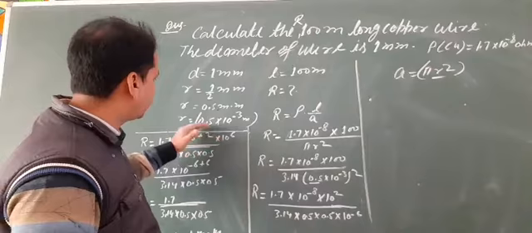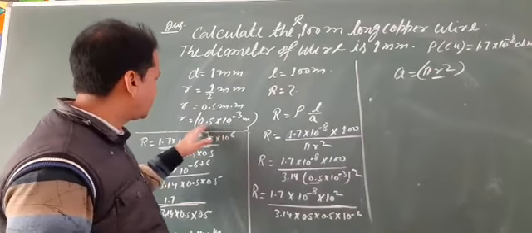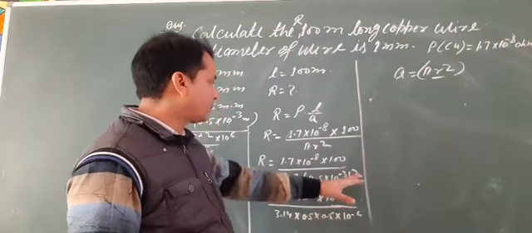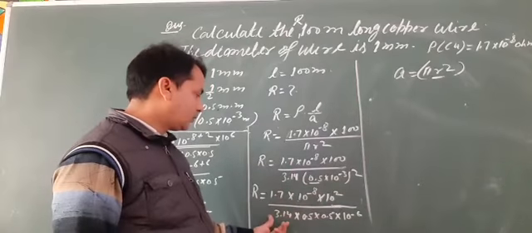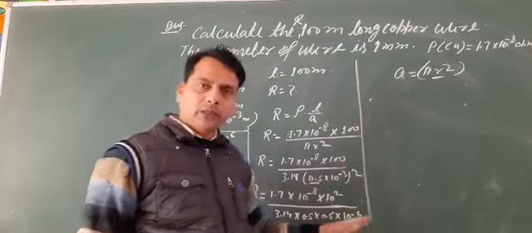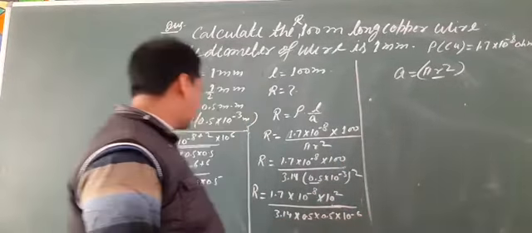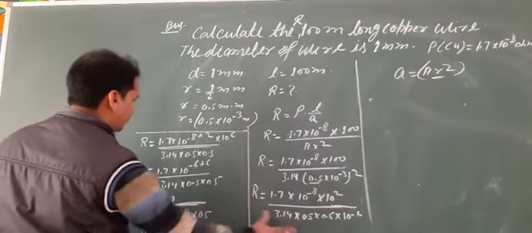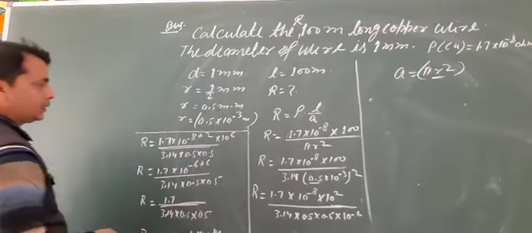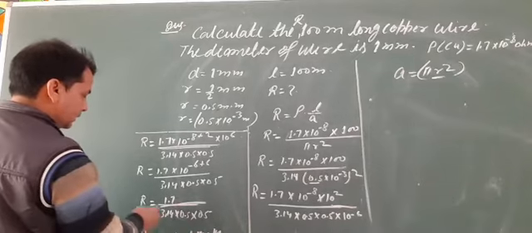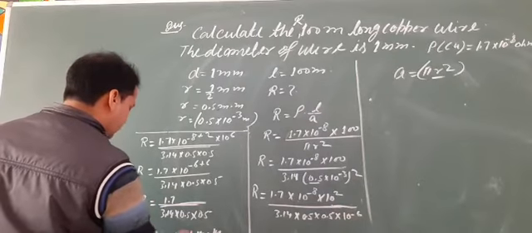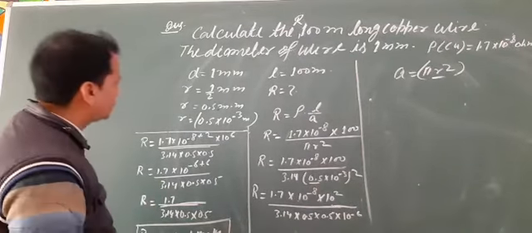So 0.5 into 10 to the power minus 3 whole square, then 3.14 into 0.5 into 0.5, and 10 to the power minus 3 squared is 10 to the power minus 6. So R equal to 1.7 into 10 to the power minus 8 plus 2 plus 6. Then calculating the resistance of the wire, the value of R equal to 2.16 ohm meter.